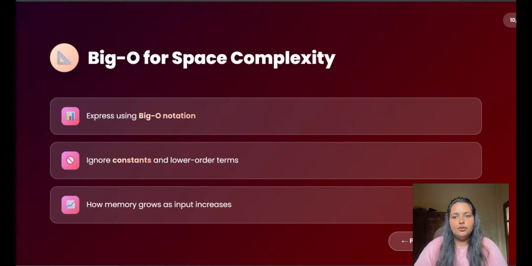If the algorithm uses an array whose size depends on the input, the space complexity becomes O(n). If it uses a two-dimensional array of size n by n, then the space complexity becomes O(n²).